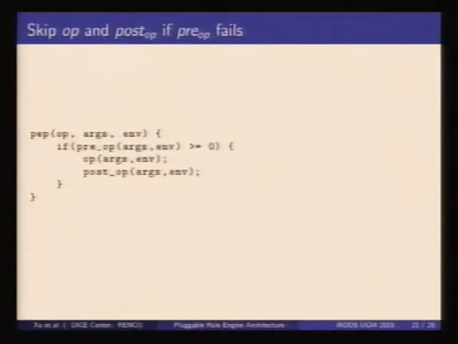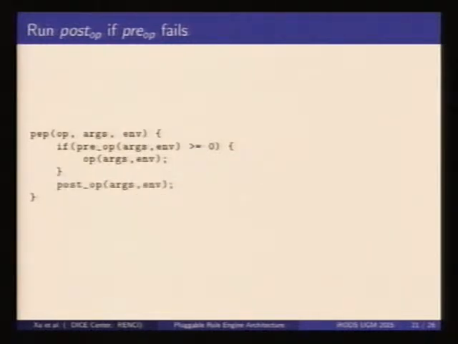Or I can say I really care about it: if pre fails, I don't even want to run the post op. This one you can implement as a separate rule engine plugin or as a separate rule. When you place this rule in your system, it implements this semantics. You can also say, if pre fails, I don't run the op, but I still want to run the post op. Okay, three possibilities.